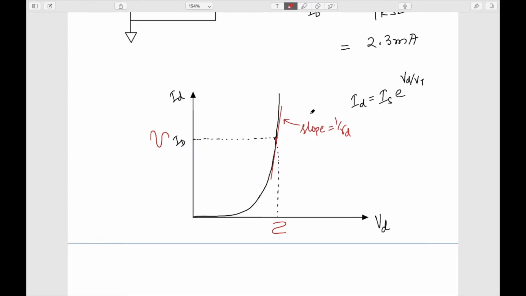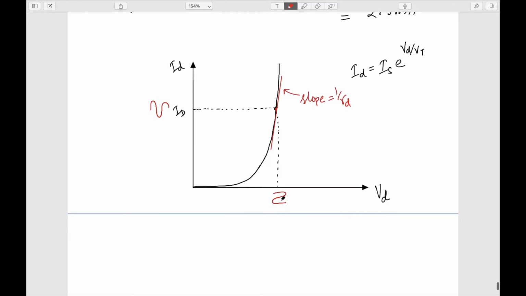I want to find this small-signal resistance RD, so that I can find out what happens if there is a small change in VD. We call the small change in voltage small vd, and the change in the diode current small id.